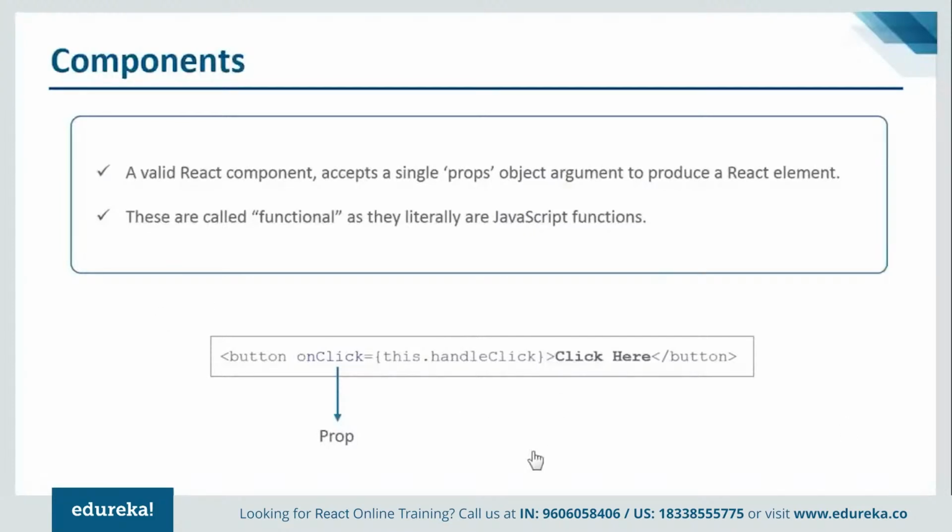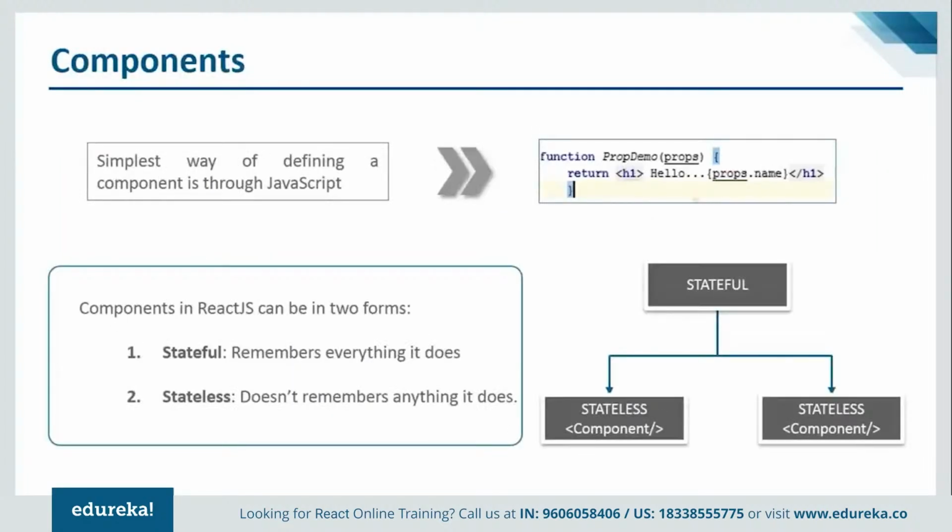So that's why these are called the functional components. In addition to this, we can simply define a component through JavaScript. As you can see, here we are creating one function which is named propDemo. It is accepting one props and then it is returning one HTML representation. So this is how the components work.